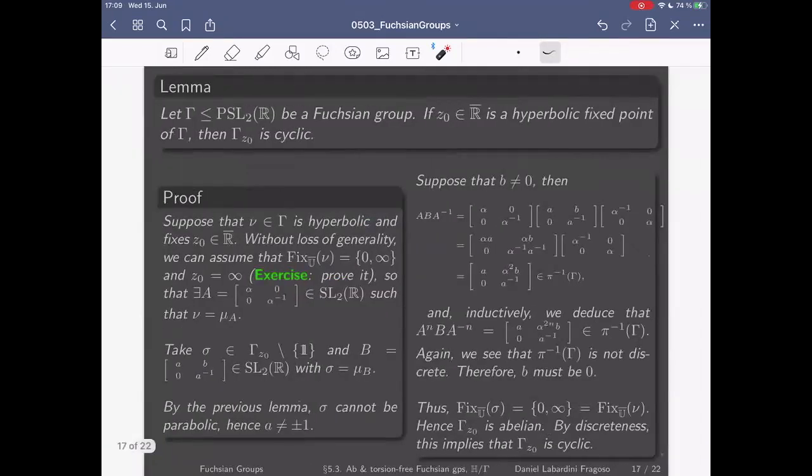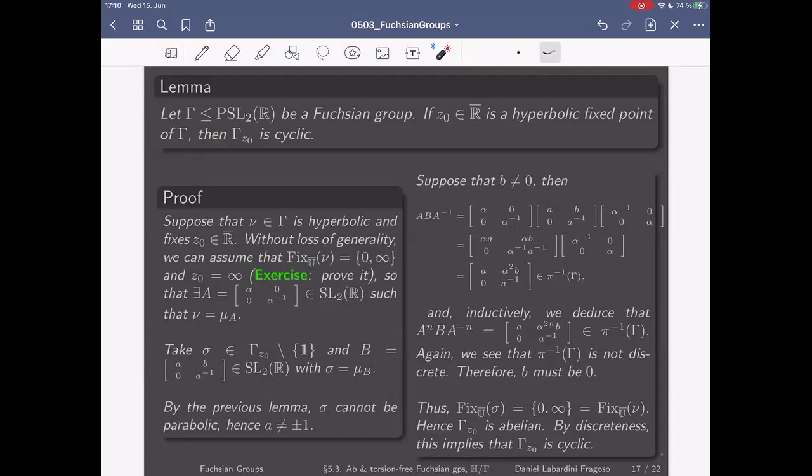Good. And now a similar argument for hyperbolic fixed points. So again, Fuchsian group gamma, some hyperbolic fixed point, which again has to lie in R bar and cannot lie inside U, but just on the boundary. And again, we want to show that the stabilizer is a cyclic group.